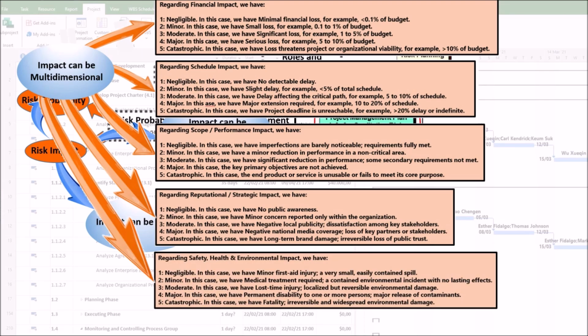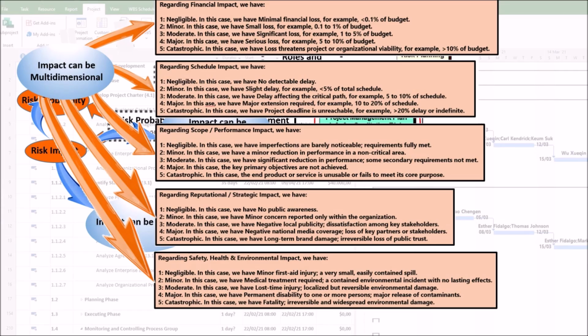Regarding safety, health and environmental impact, we have first, negligible. In this case, we have minor first aid injury, a very small, easily contained spill. Second, minor. In this case, we have medical treatment required, a contained environmental incident with no lasting effects. Third, moderate.